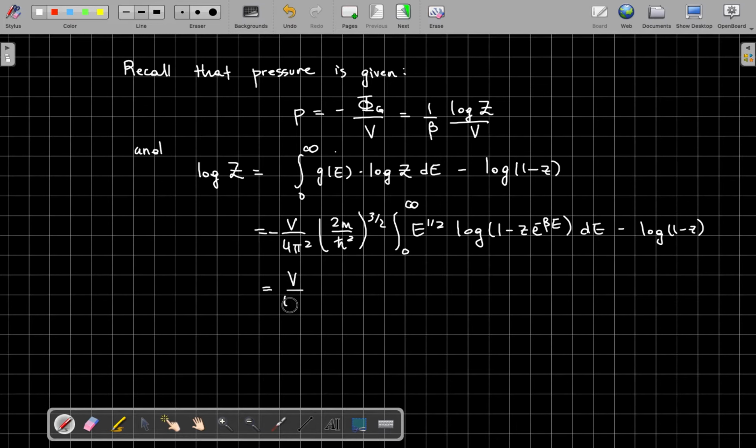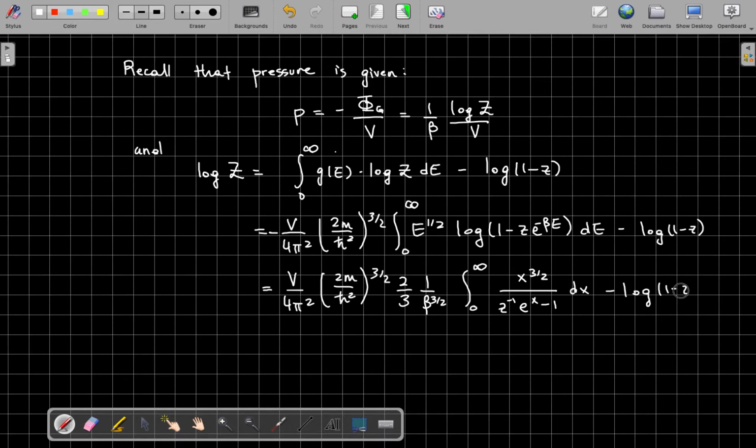So you get V over 4 pi squared, 2m over h bar squared to the 3/2, times 2/3. I'm going to write it directly as this, which will be understandable in a second. So x to the 3/2 over z to the minus 1 e to the x minus 1 dx. I wrote it directly as a Bose Einstein function because it's recognizable.